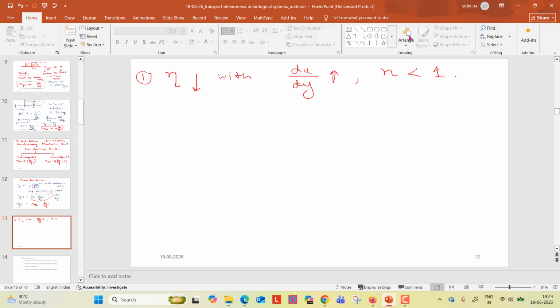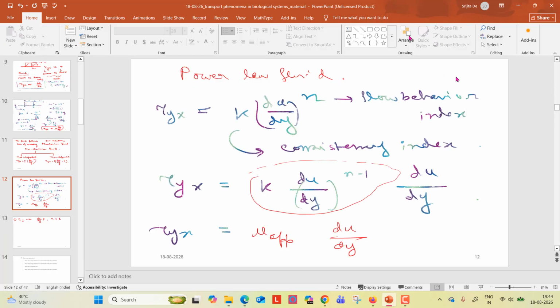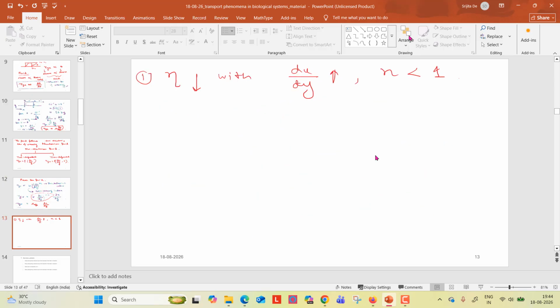You have seen the n, right? So in the apparent viscosity there is n. When n is less than 1, apparent viscosity decreases as velocity gradient increases.